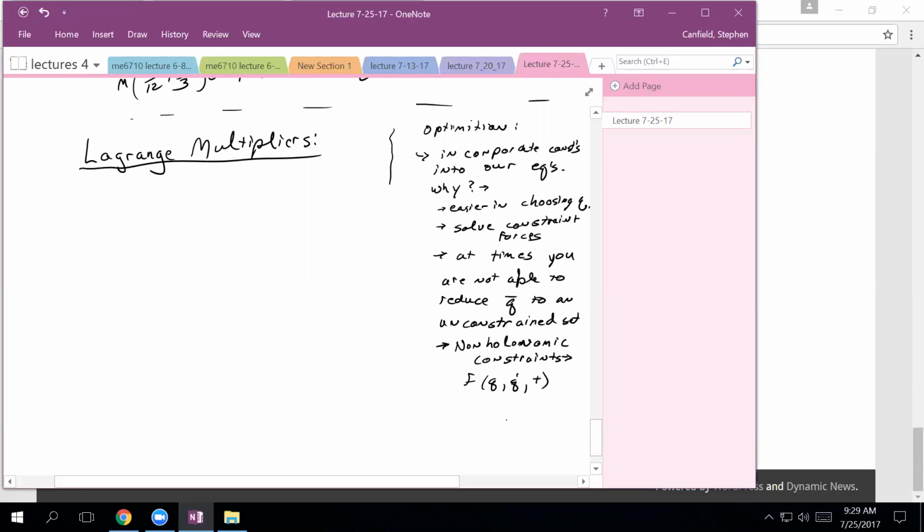So if your constraints have Q dots in them, there's no way you can just reduce these things based on Q. You're stuck with them. Lagrange multipliers effectively give you a way to extend Lagrange from the holonomic case only, which is what we've said repeatedly, to the non-holonomic case. All right, so that's why.